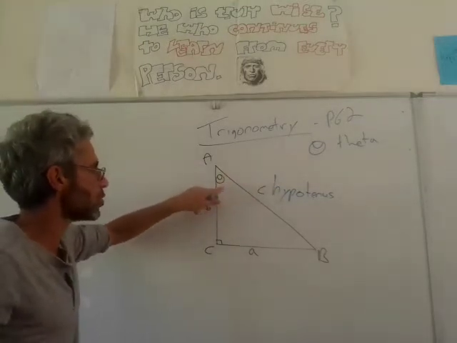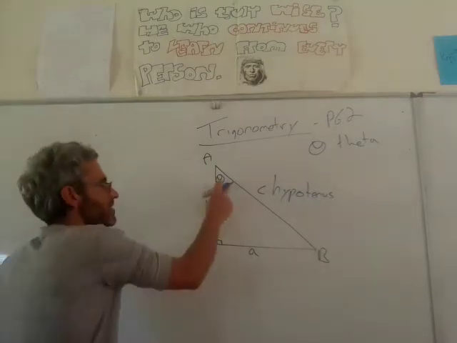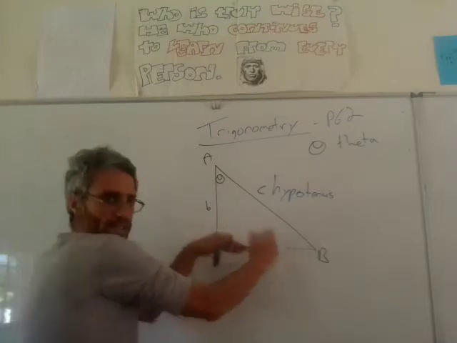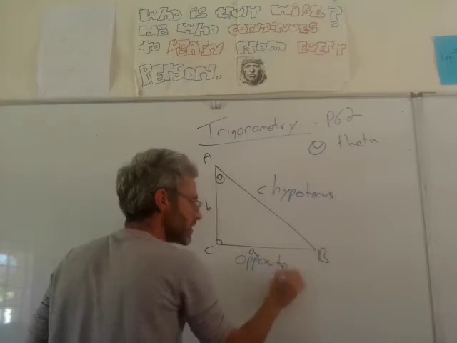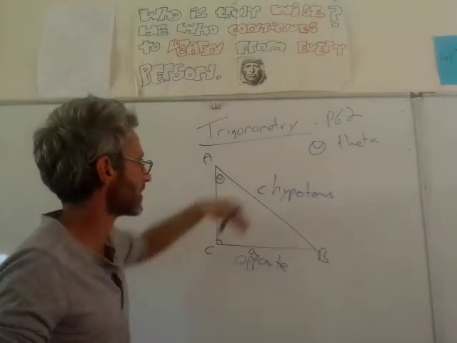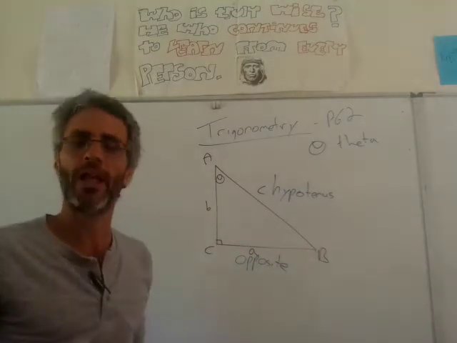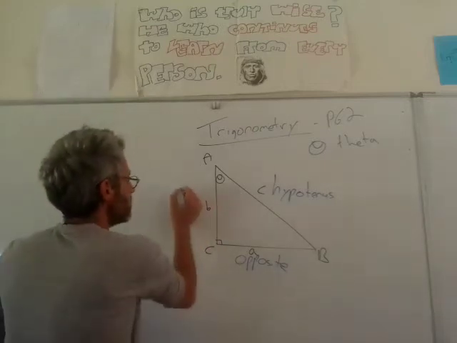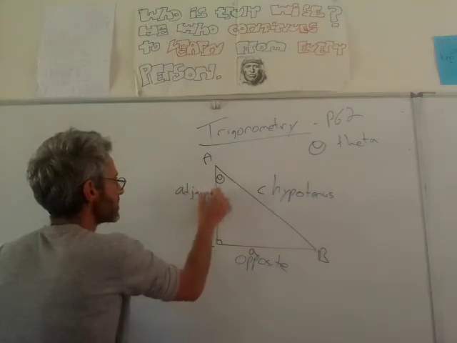If I look specifically at the angle theta, then the side that is opposite the angle, I'll call it opposite. These are just words we've got to get used to. This side is next to the angle, and we have a bit of a posh name for it: we call it adjacent. So this side, the b in this case, is adjacent.